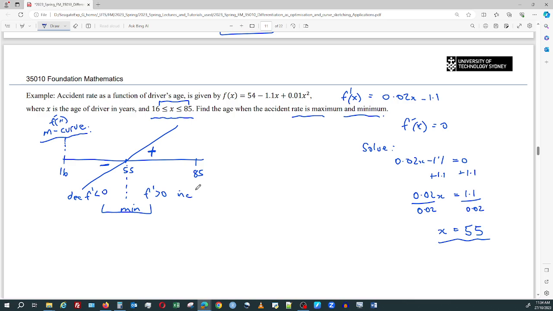All right, so the other thing we want to do is then think about, is that an absolute maximum? Okay, so we want to check our endpoints. So we have to do an evaluation of the function, not the M curve function, but we have to evaluate at f of 16 and f of 55.